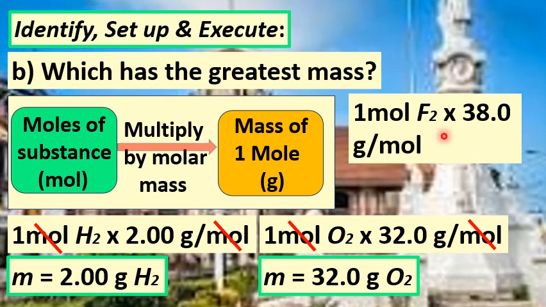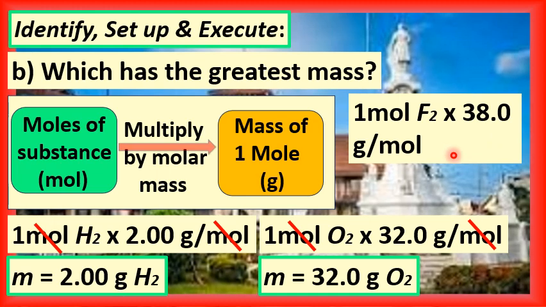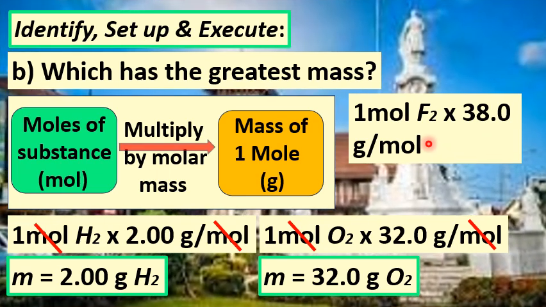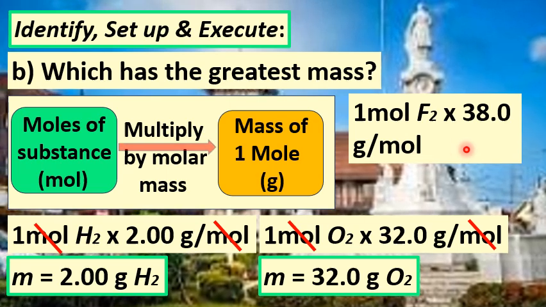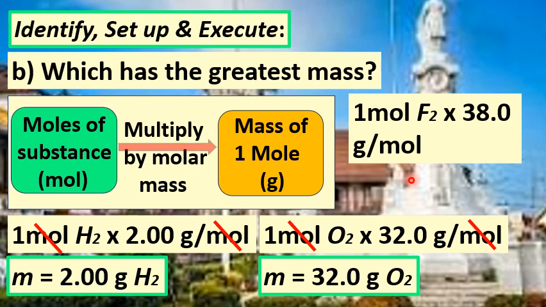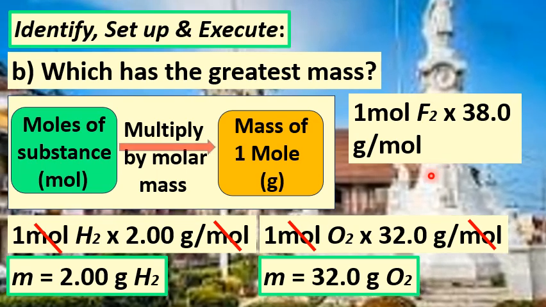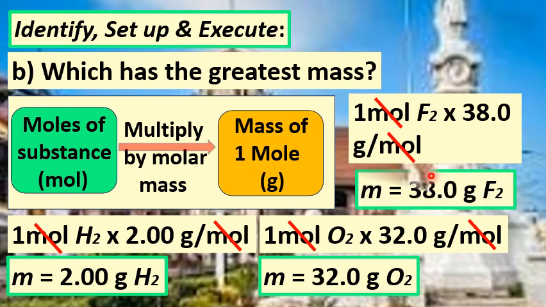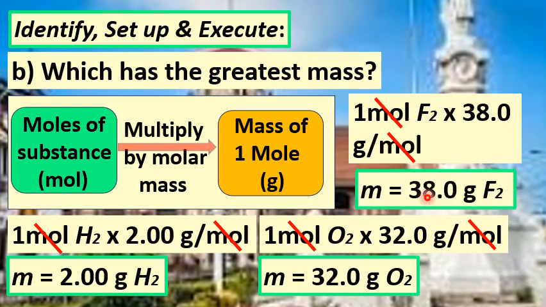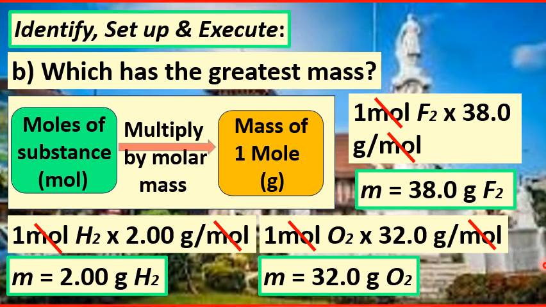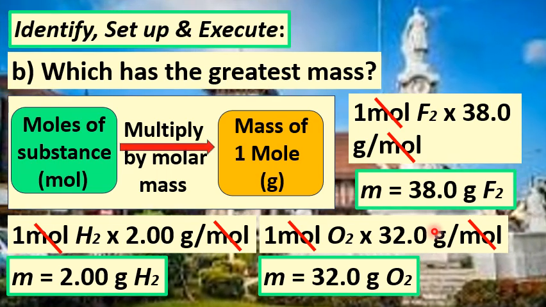But when converted to what we call molar mass, we just replace the atomic mass unit by the unit grams per mole. In short, the mass equivalent for fluorine gas F2 is 38.0 grams of the fluorine gas.